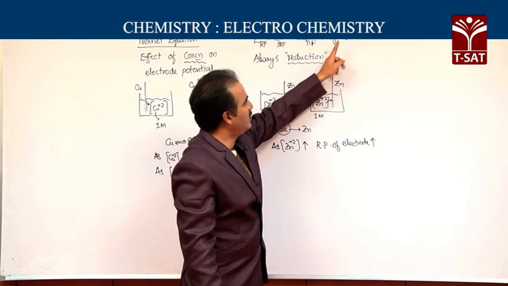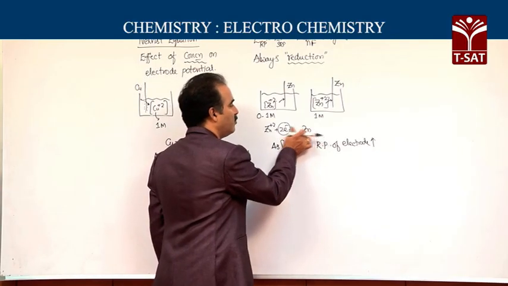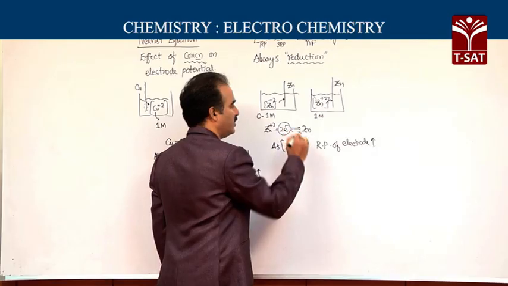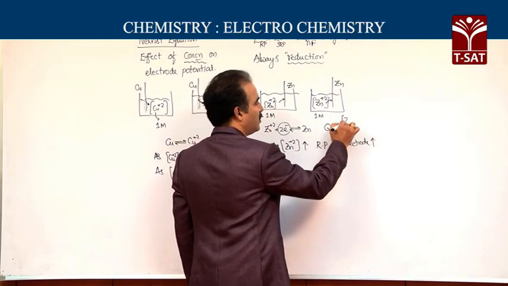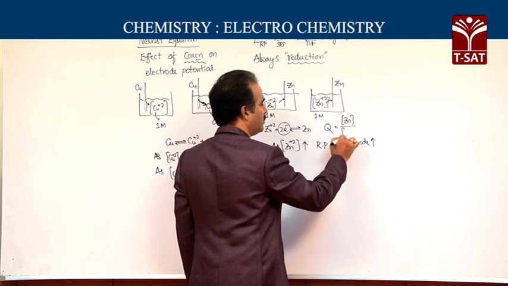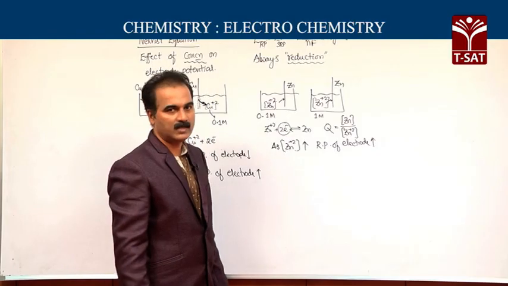And what is Q? It is nothing but the equilibrium quotient. How do we write it for this reversible reaction? As we know, the equilibrium quotient is the active mass of solid zinc by the active mass of zinc plus 2 ions concentration.